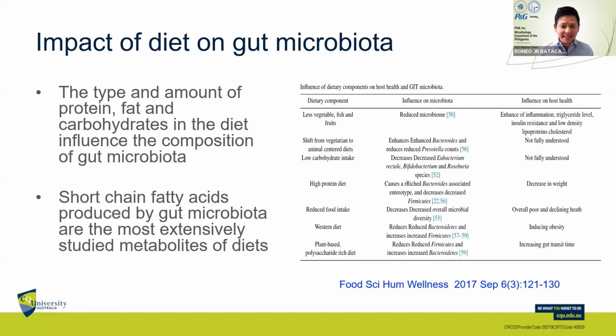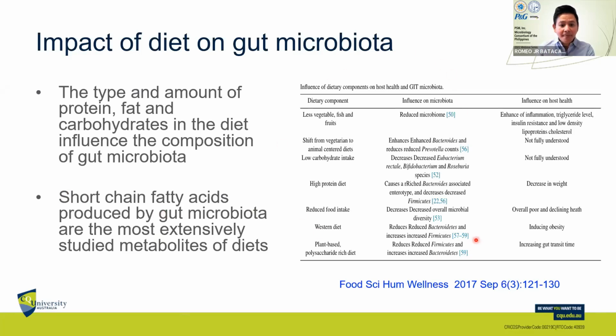Short-chain fatty acids, acetate and butyrate, are reported as the end products of microbial degradation of protein and carbohydrates in the gastrointestinal tract. In fact, short-chain fatty acids produced by gut microbiota are the most extensively studied metabolites of diets and have been found to have an effect on the health of the host.